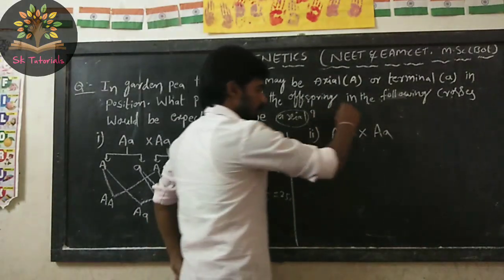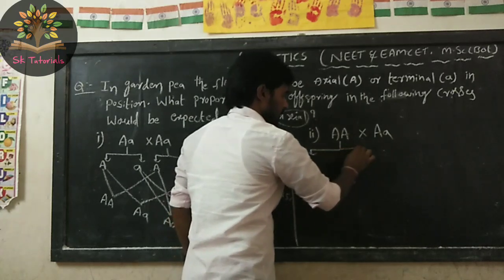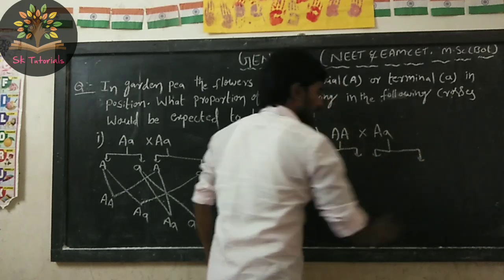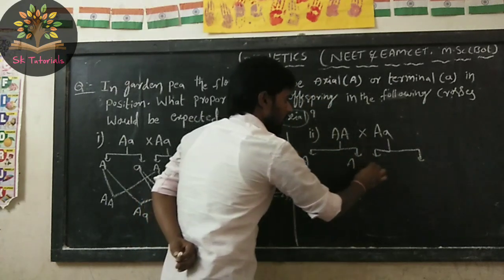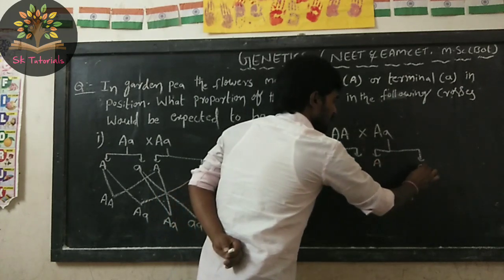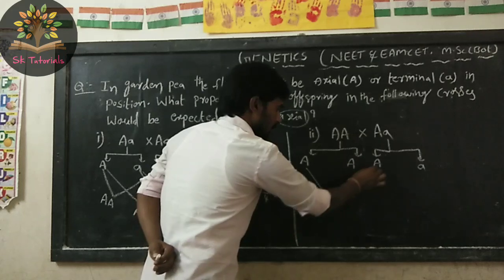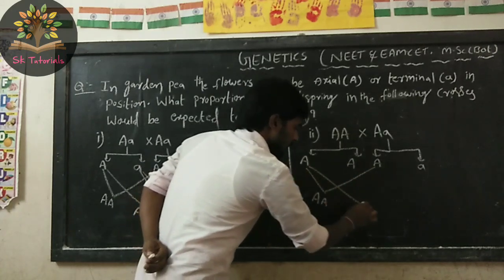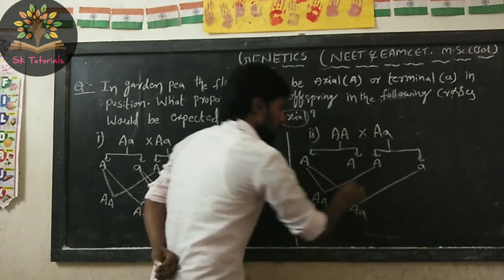Second question, second cross. Same, division of gametes: capital A, capital A, and capital A, small a. Cross: capital A, capital A; capital A, small a; capital A, capital A; capital A, small a.